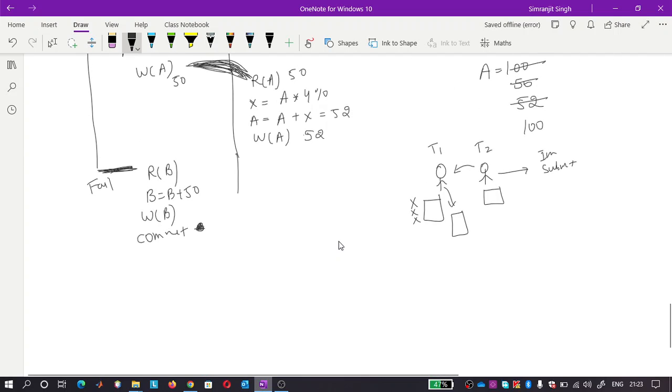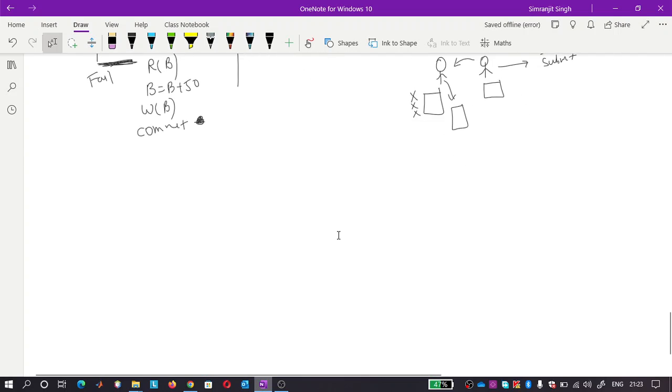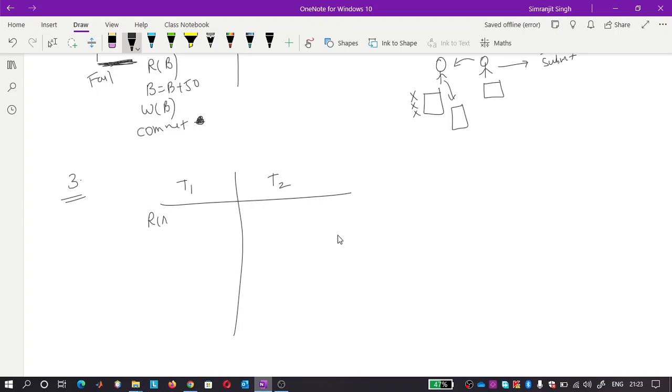Okay, now the third problem. T1, T2, you have read the value of A. Suppose again it is read by another transaction and the value is changed.